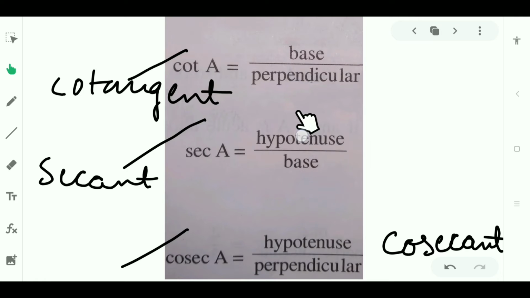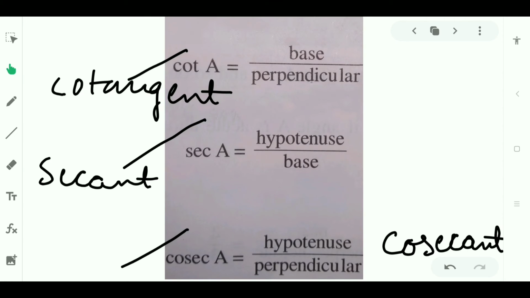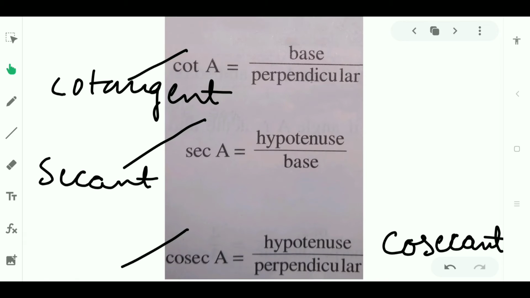Secant is hypotenuse by base. Referring to cos, base by hypotenuse, secant is just the opposite of cos. And cosec is just the opposite of sine: sine is perpendicular by hypotenuse, cosec is hypotenuse by perpendicular. Like that you can remember easily.